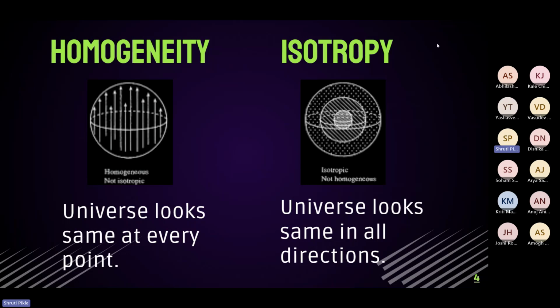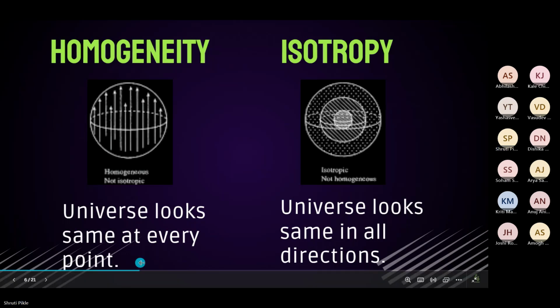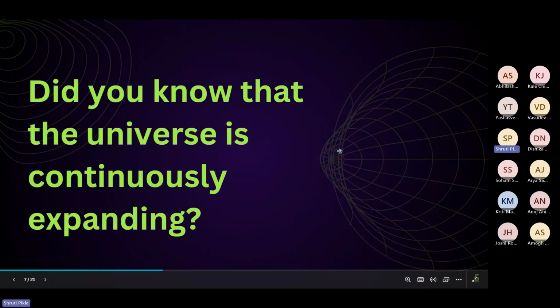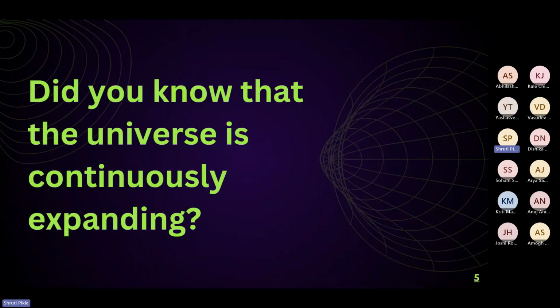By the way, did you guys know that the universe is continuously expanding? Well, yes, and this expansion started right from the day the universe was born with the Big Bang, and it is continuing till today. And the timeline from when the universe was born until the present day has been divided into three main eras.